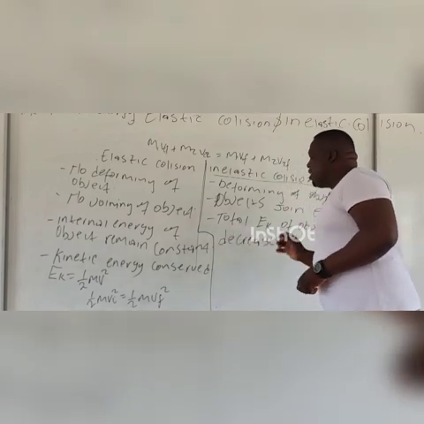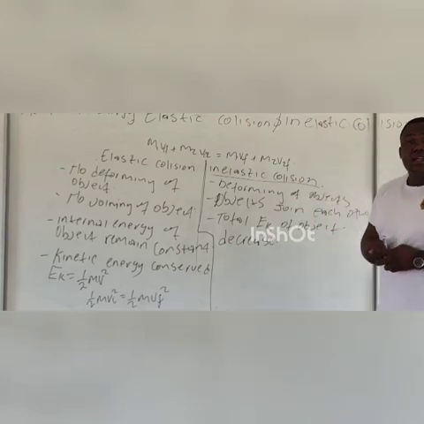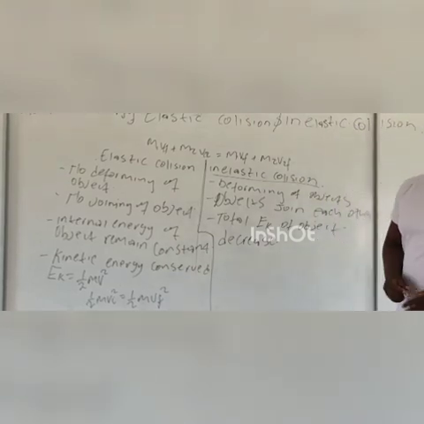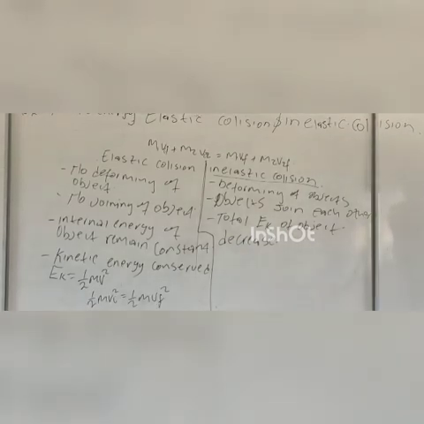What do we mean that it decreases? It means that initial kinetic energy is not equal to final kinetic energy. It means the kinetic energies are going to differ in inelastic collision, you understand?